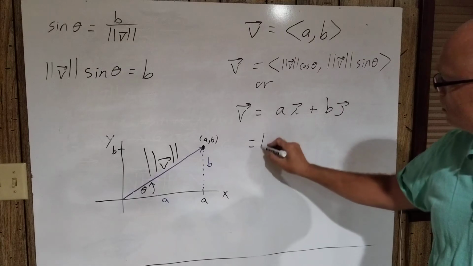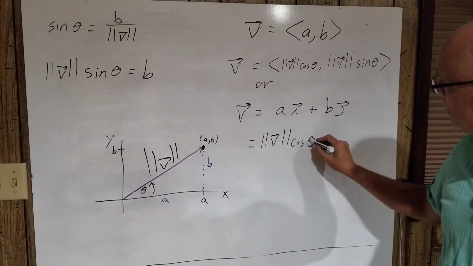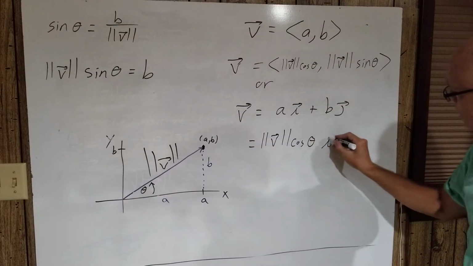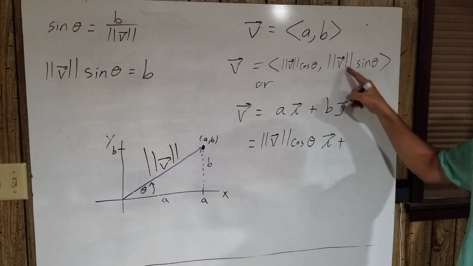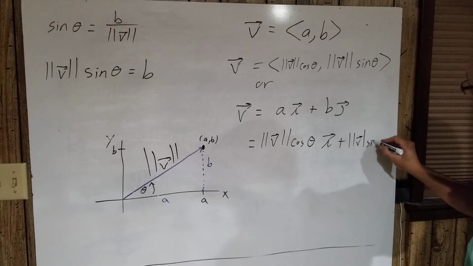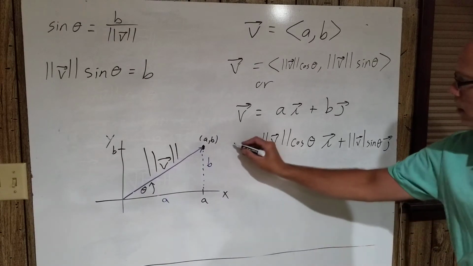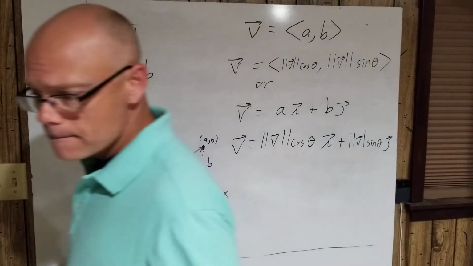The magnitude of vector v cosine of theta was A, times vector i, plus B, which is the magnitude of vector v times the sine of theta, times vector j. That's another way I could express v if I wanted to.